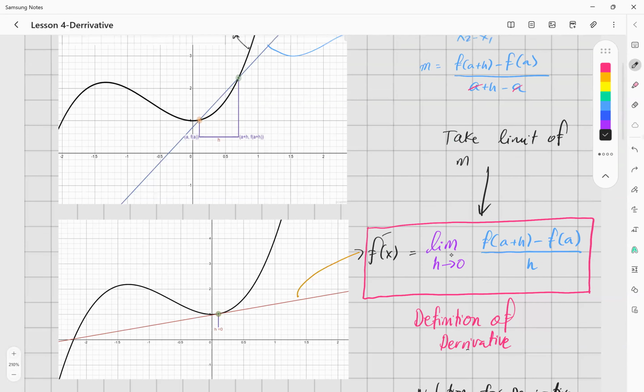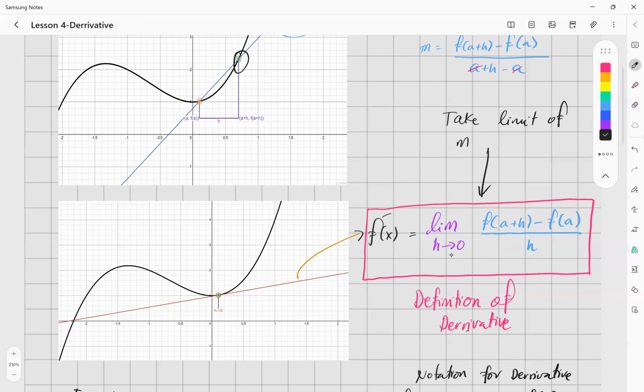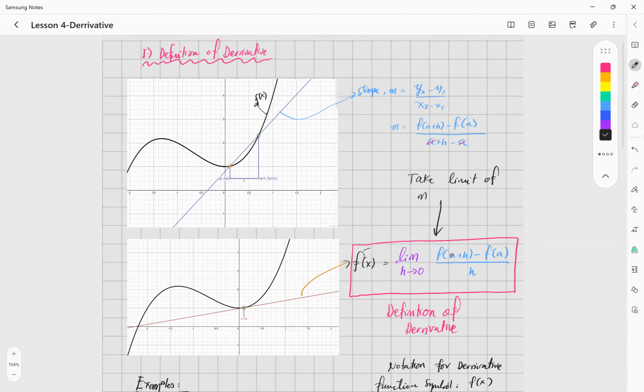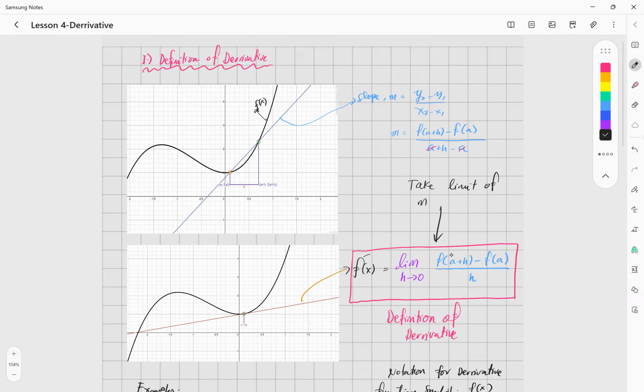That's why you add another point over here, but then you take a limit of that other point and bring it smaller, smaller, smaller. That's derivative in a nutshell. And this is very, very useful later on when we look at the application of derivatives. You will see that this principle, I mean not simple, but now that you understand it, it's simple, right?